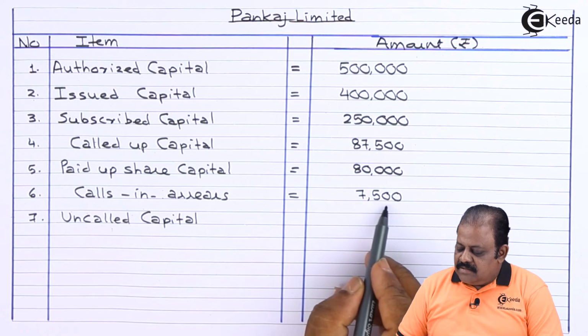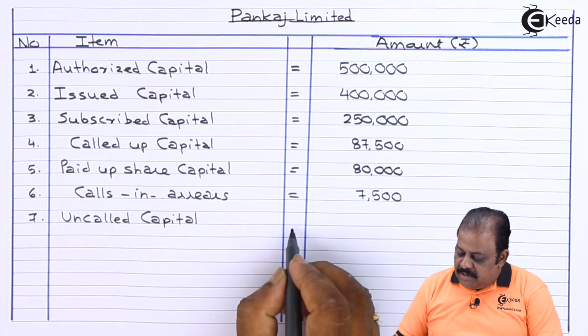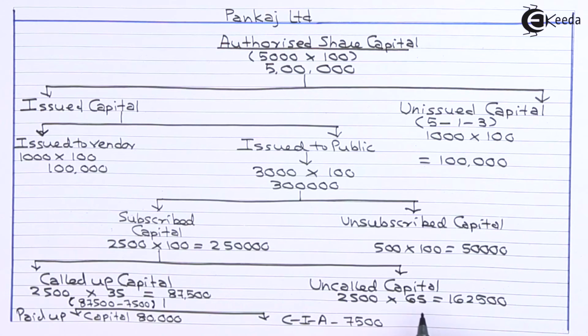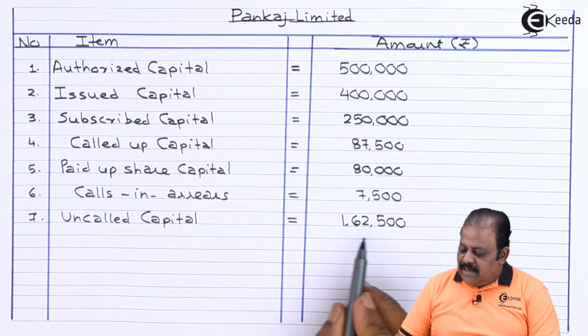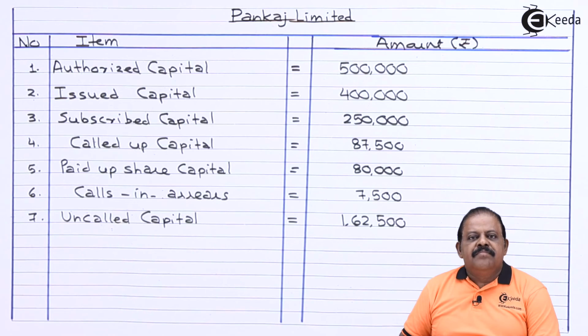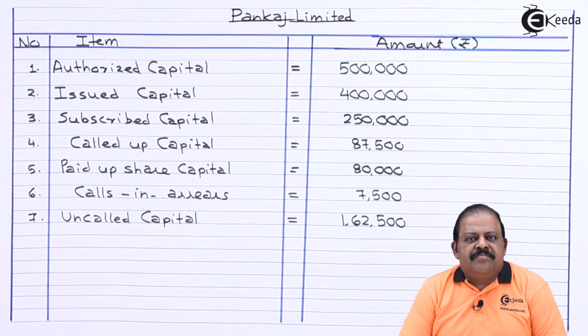Next, uncalled capital on 2,500 shares, 65 rupees yet to be called. So uncalled capital is 1,62,500. Thus we have calculated authorized, issued, subscribed, paid up, uncalled capital, calls in arrears, etc.